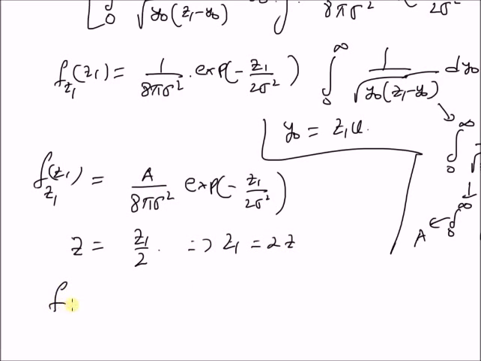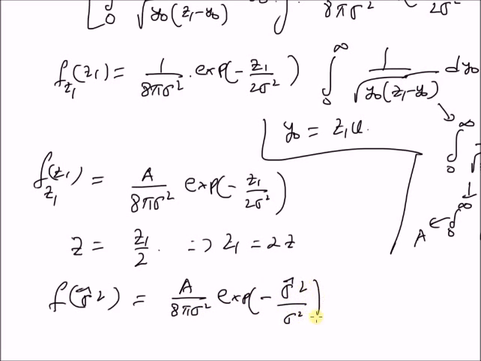Therefore, the probability density function of z, that is the estimate of variance, is given by A upon 8 pi sigma square, exponential of minus sigma square hat divided by sigma square. Therefore, the probability density function of the estimate of variance is an exponential distribution. Here note that z is equal to sigma square hat, which is equal to z1 by 2.